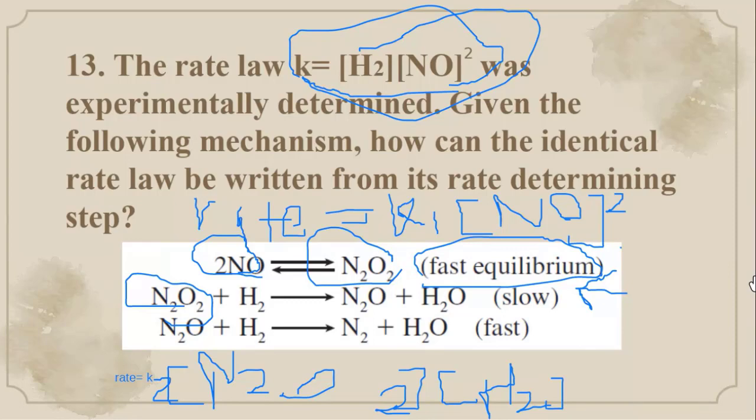So the rate in the reverse is going to be k inverse, the negative one, and then N2, O2.